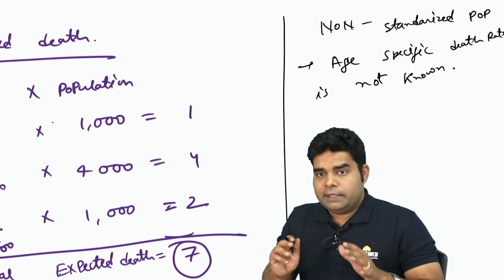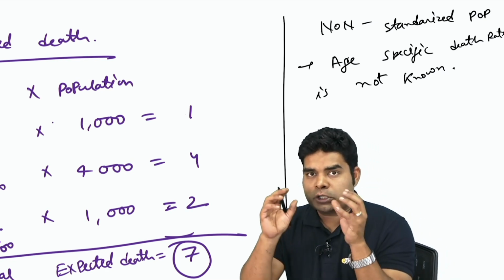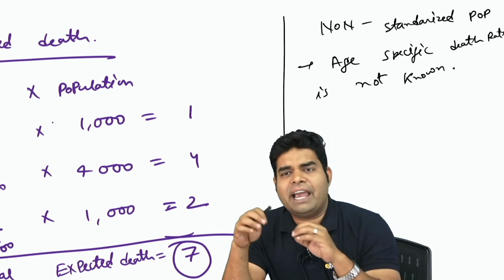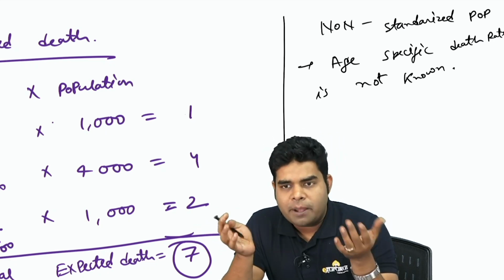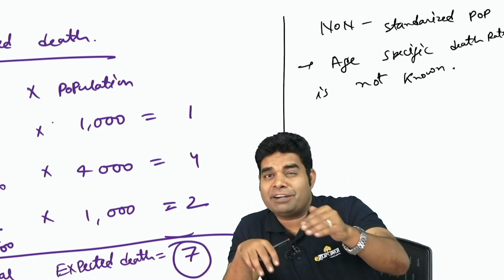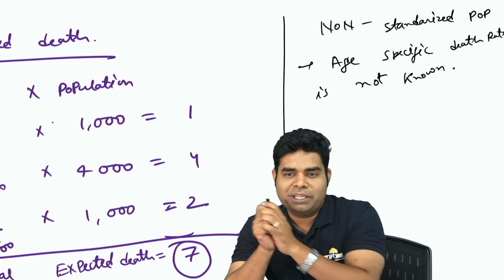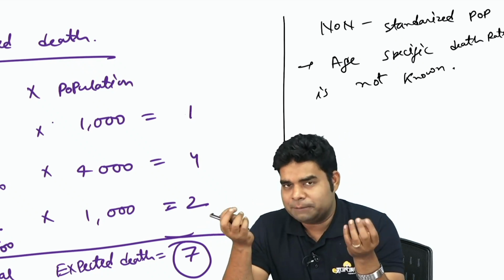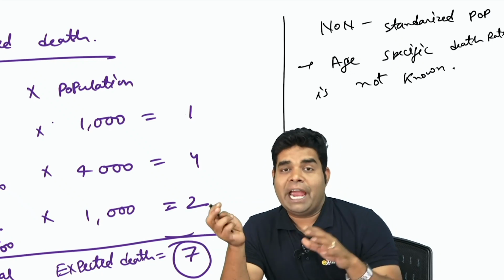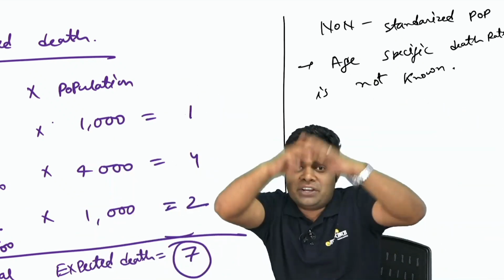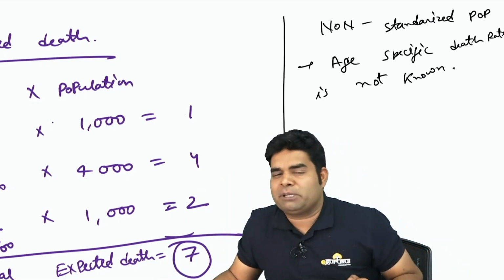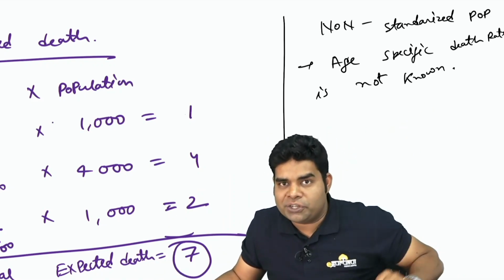Okay, so all those populations which are small, which are at high risk for death, they are usually non-standardized, because no one calculates the age-specific death rate for those small populations. So all the small populations whose age-specific death rate is not known are non-standardized, and all the big populations, the national and state level data for which we know the age-specific death rate, that is a standardized population.